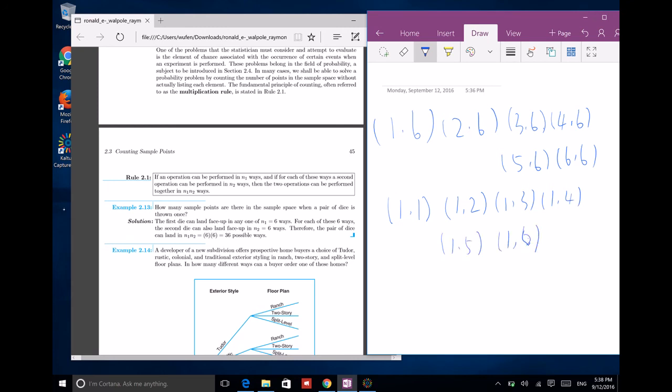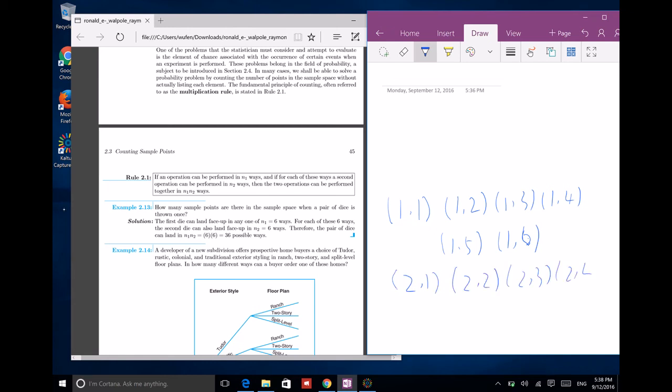So you see you have 6 outcomes here. And then start from 2, 1, 2, 2, 2, 3, 2, 4, 2, 5, and 2, 6. If you continue with 3, 1, and so on, you're going to have 36 possible ways.